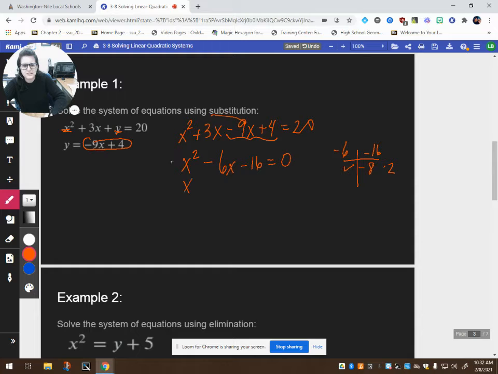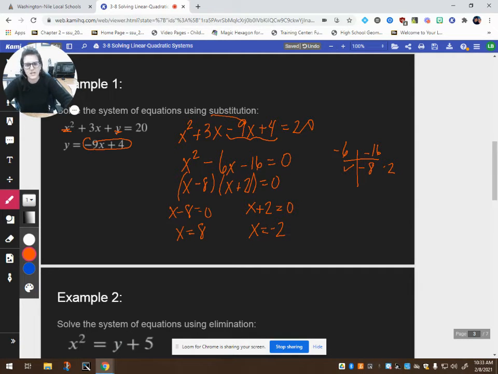So I'm going to rewrite this as (x minus 8)(x plus 2) equals 0. So now what we can do is solve. x minus 8 equals 0, and x plus 2 equals 0. So x would have to be 8, right? Add 8 to both sides, subtract 2 from both sides, x equals -2.